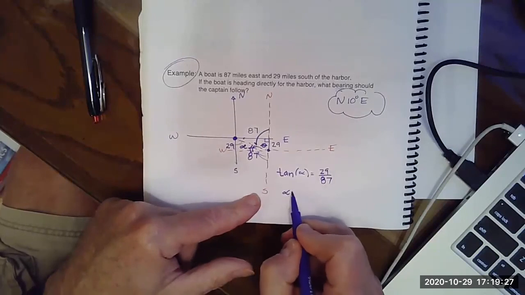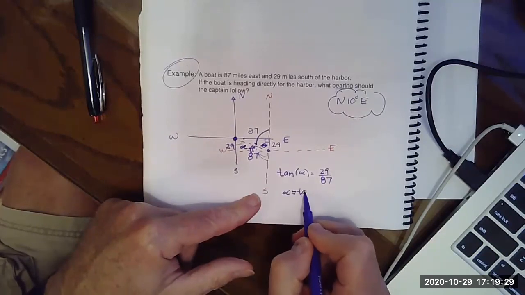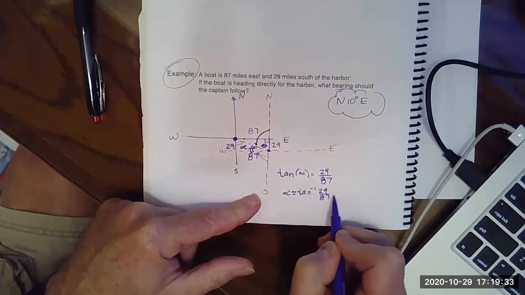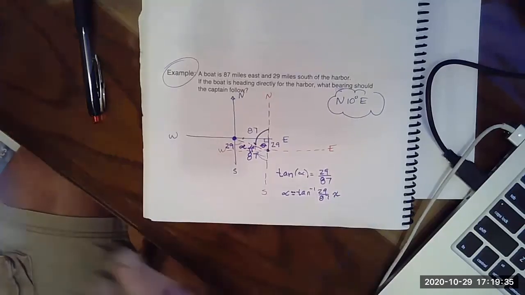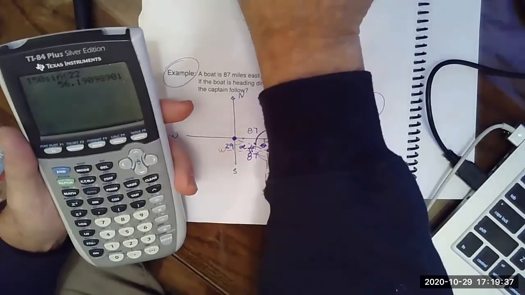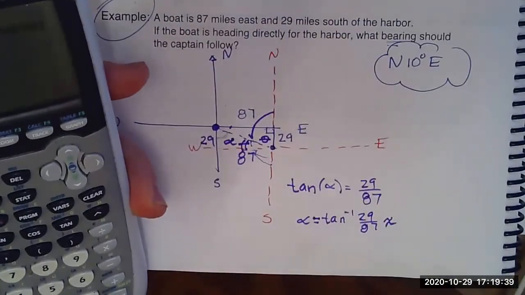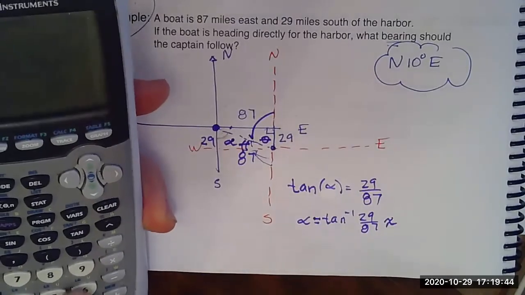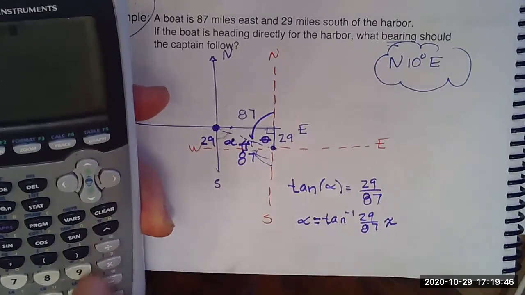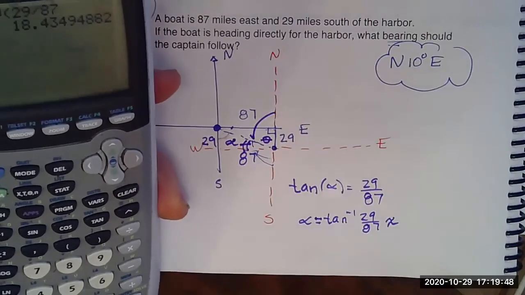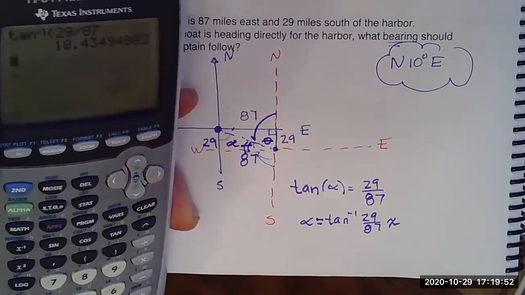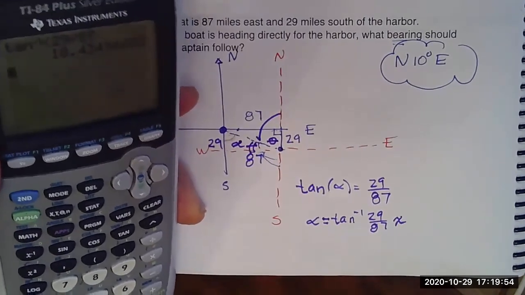So you go alpha equals tan inverse of 29 over 87. Okay, 18.4 degrees. 18.4 degrees.